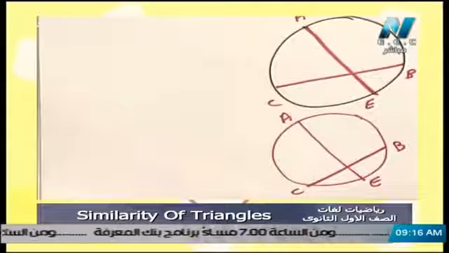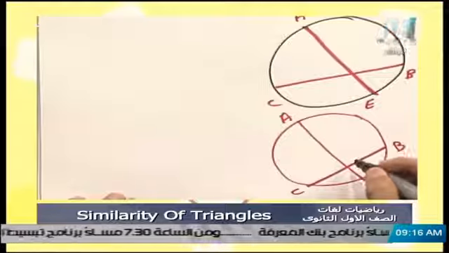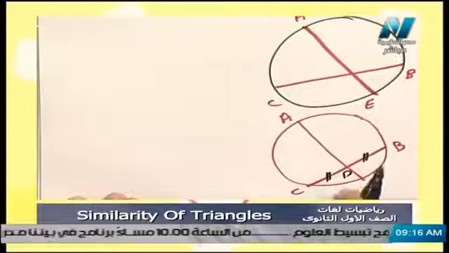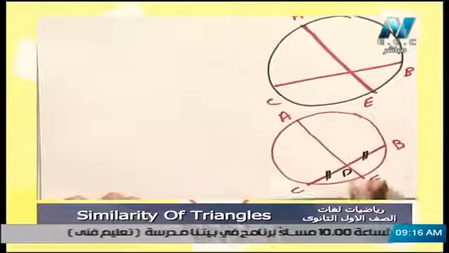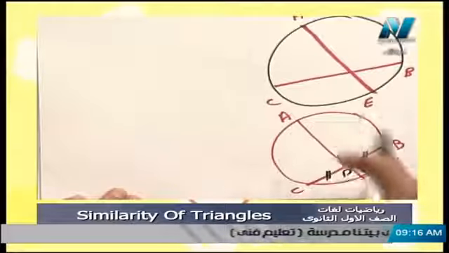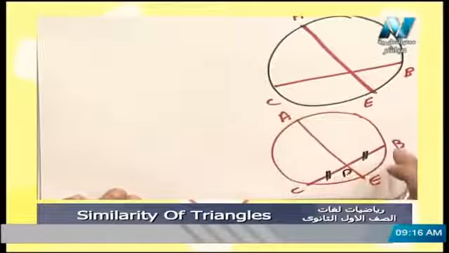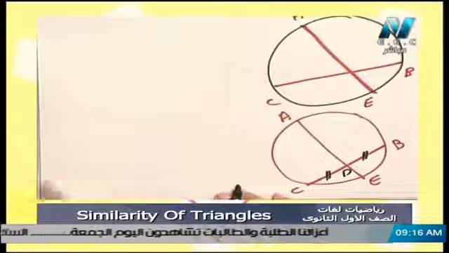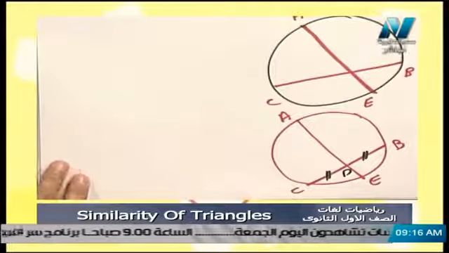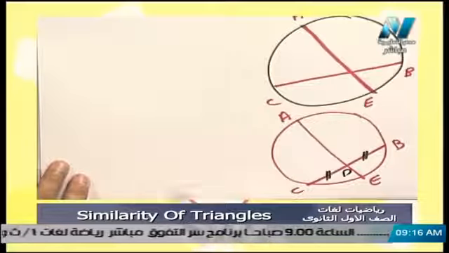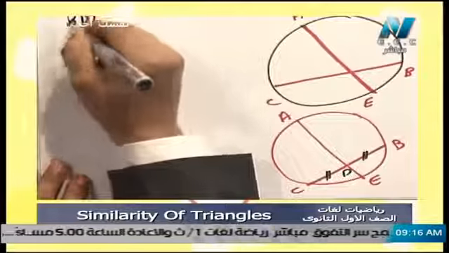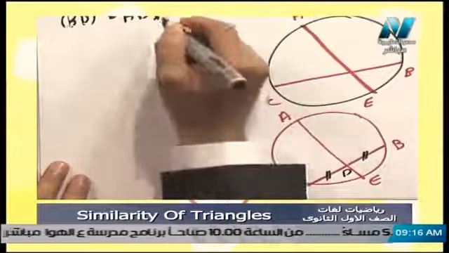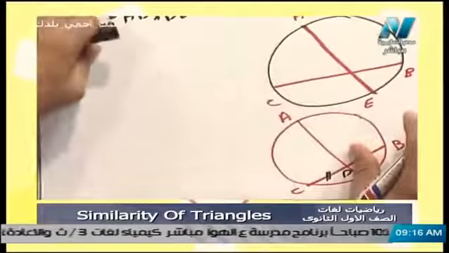I prefer this drawing because we have here D bisects BC, so it's more logical than this one. Okay, if we have a circle and we draw AE and BC and D bisects BC here, the request is to prove that BD power 2 equals AD multiplied by DE.